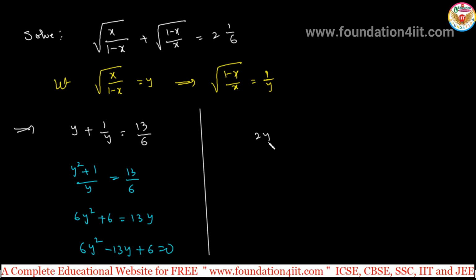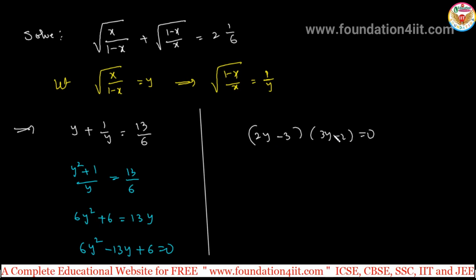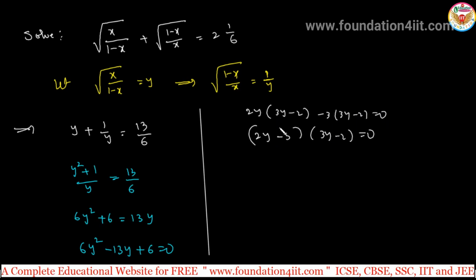We try direct answers: 2y minus 3 into 3y minus 2 is equal to 0. Because if you take 2y common, 2y into 3y minus 2 minus 3 into 3y minus 2 is equal to 0.